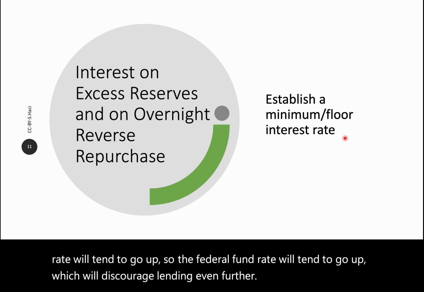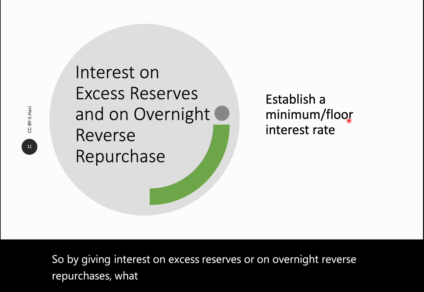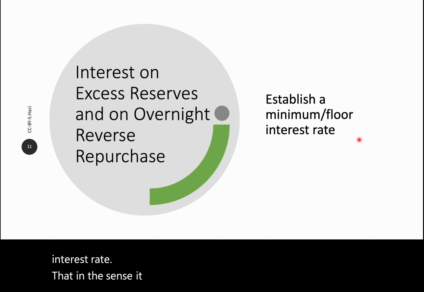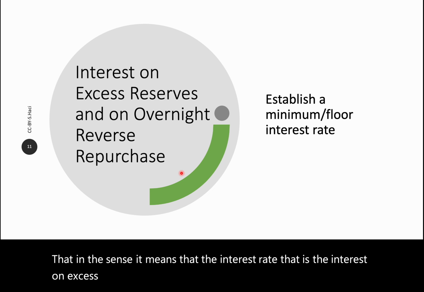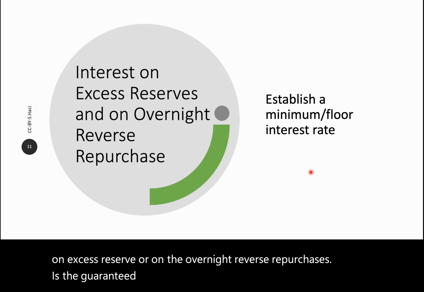So by giving interest on excess reserves or on overnight reverse repurchases, what the Fed is doing is establishing a minimum floor interest rate. That, in the sense, means that the interest on excess reserves or on the overnight reverse repurchases is the guaranteed minimum that a financial institution or a bank can earn.